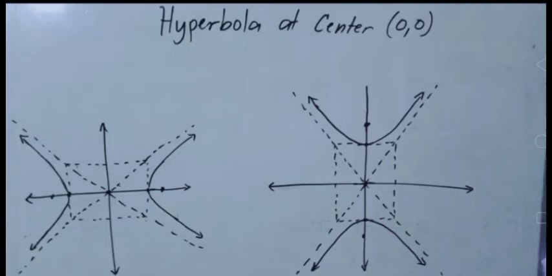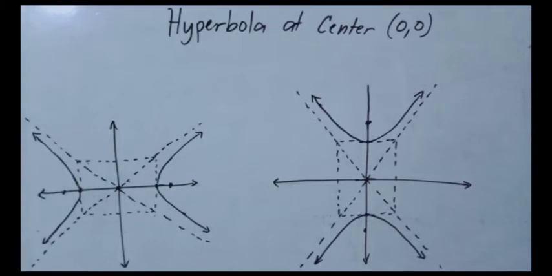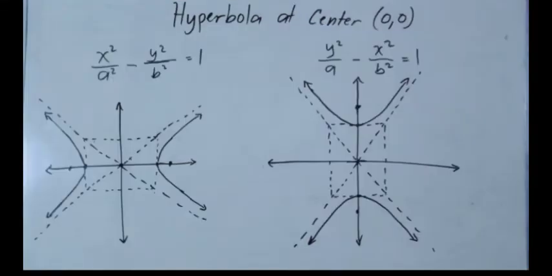So now let us move on to the hyperbola at center 0, 0. A hyperbola can be vertical or horizontal. That depends on the standard equation. If the equation is x squared over a squared minus y squared over b squared is equal to 1, the hyperbola is horizontal.